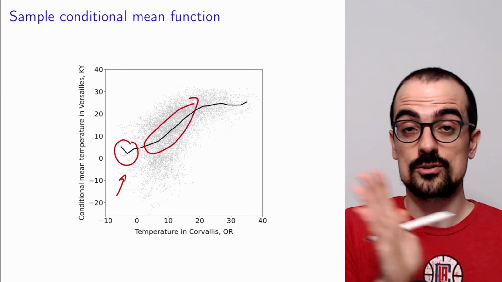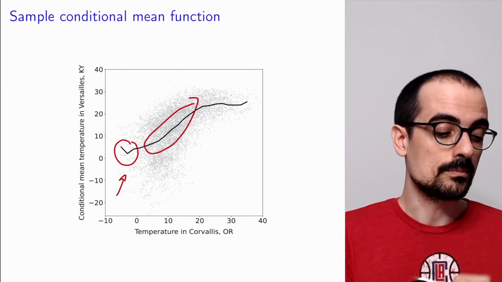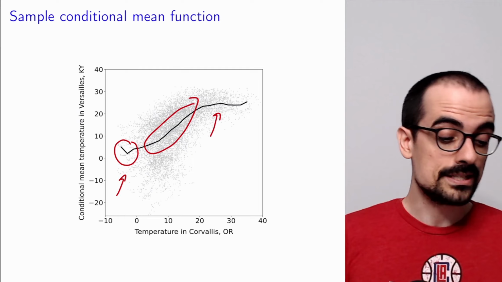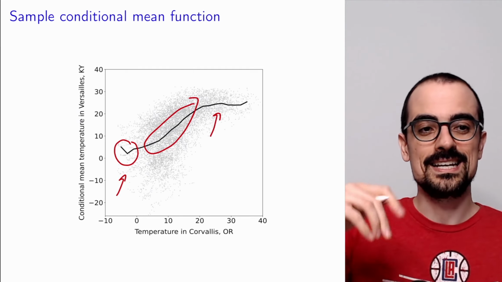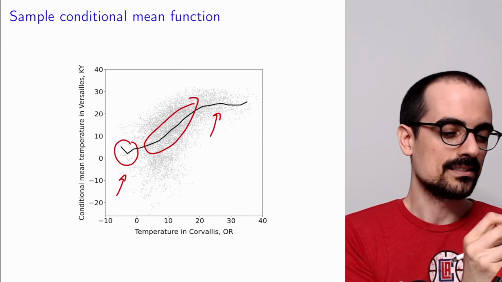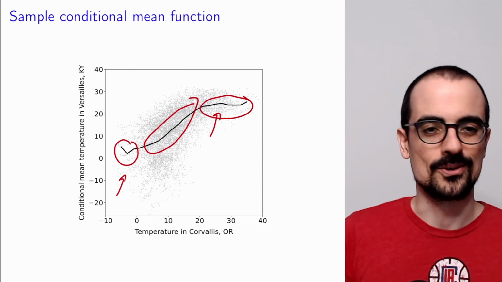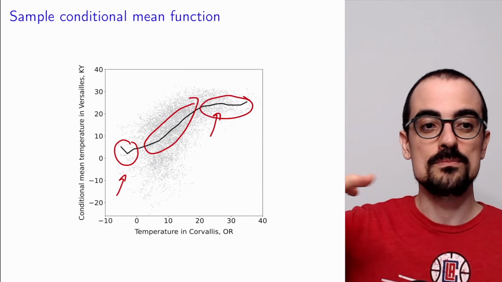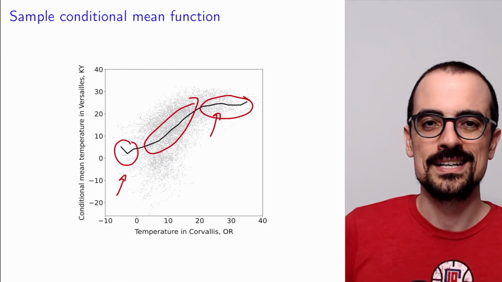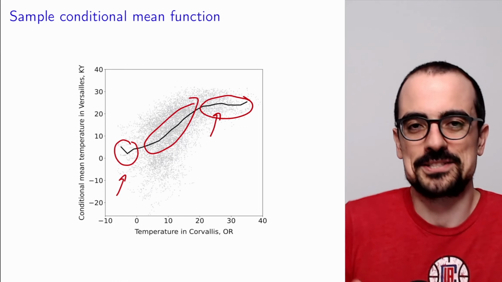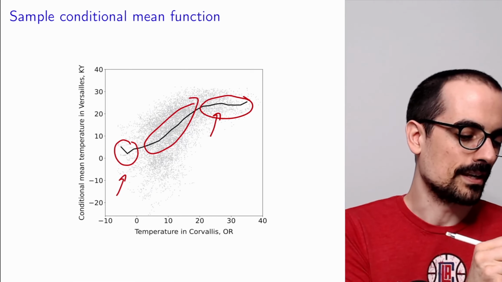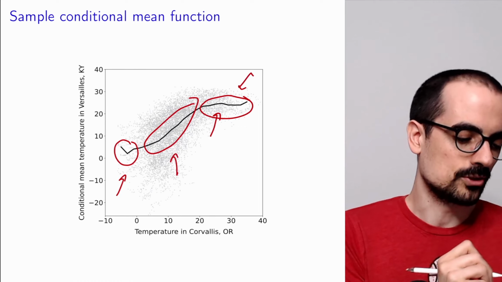It shows a linear trend, interestingly, almost linear, between the temperature in Kentucky and Oregon, that is then broken when the temperature is very high in Oregon. Then the relationship between Versailles and Oregon breaks down, and the conditional mean is actually constant. The conditional mean of Versailles given Oregon does not continue growing. I'm no climatologist, but that's kind of interesting. So this is telling us that over here a linear model is reasonable, here not so much.